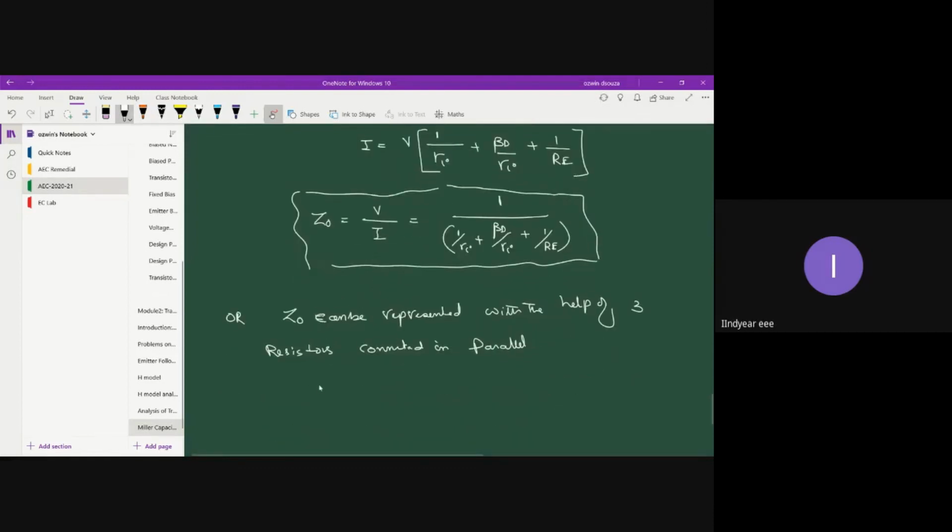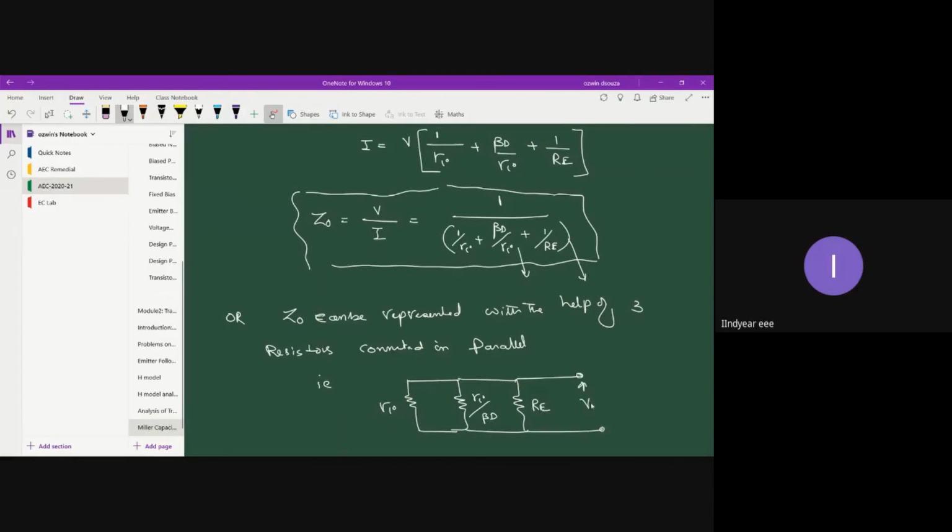That is something like this: Ri, and this is your, again, reciprocal of this, right? So that is Ri by beta d, and the reciprocal of this, that is Re.